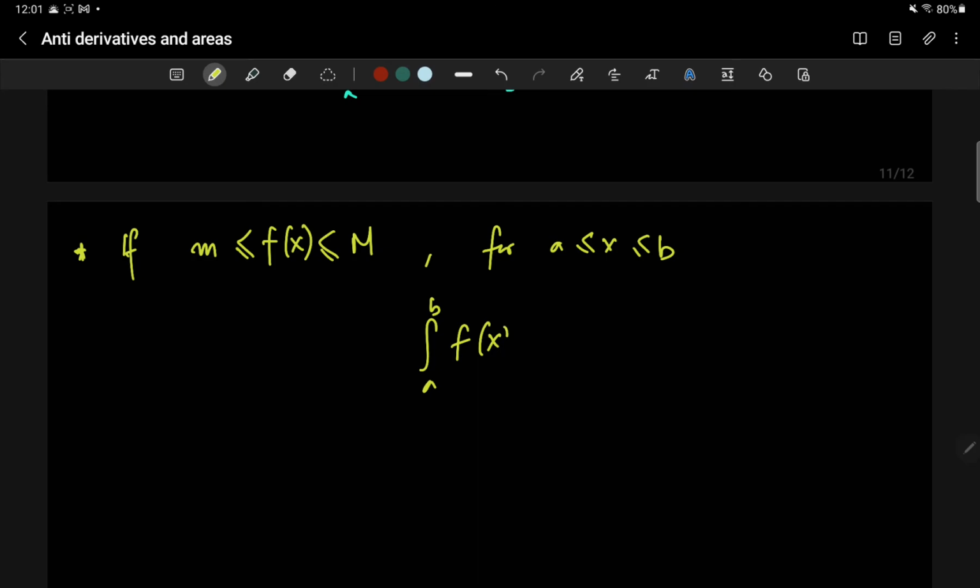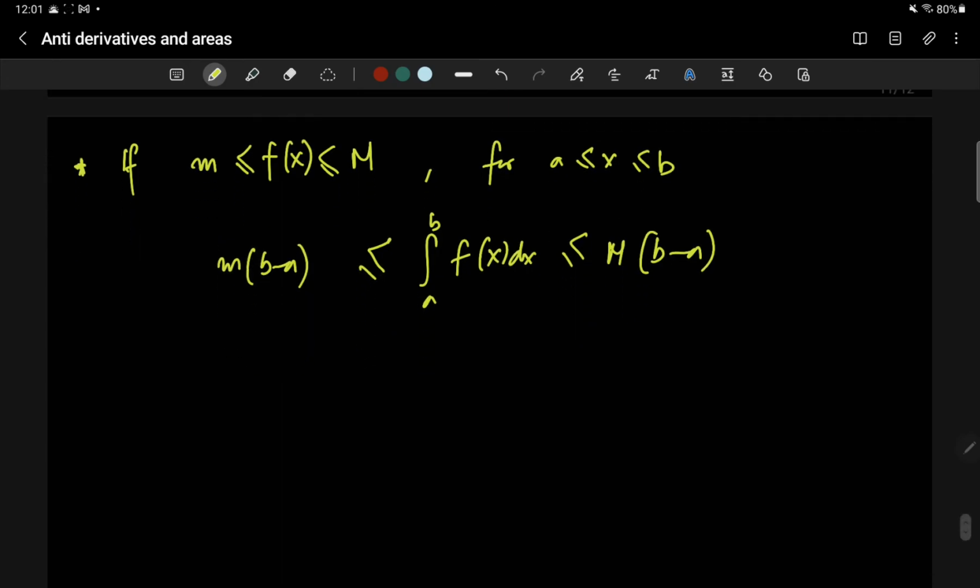And then the last one says that if there is some number small m and capital M such that the function is always between them, so kind of like a squeeze theorem scenario, then in an interval the integral of f of x is less than capital M times b minus a and more than small m times b minus a. So what is this saying?